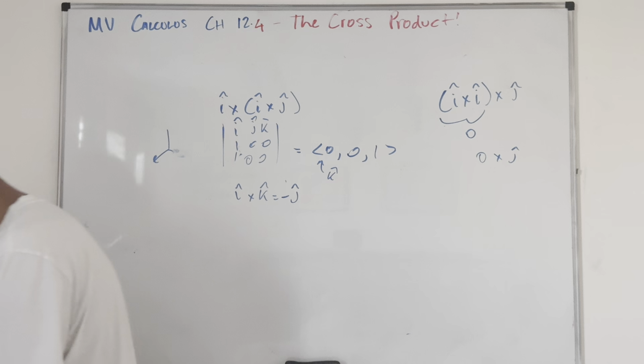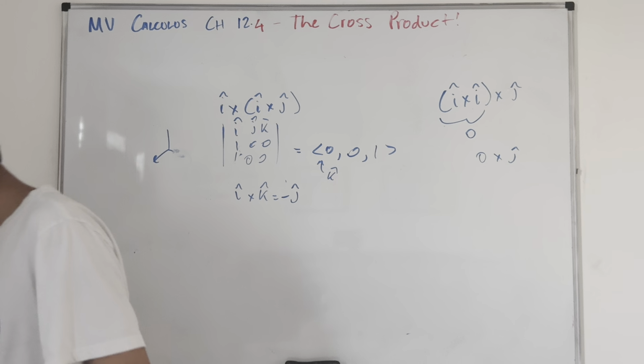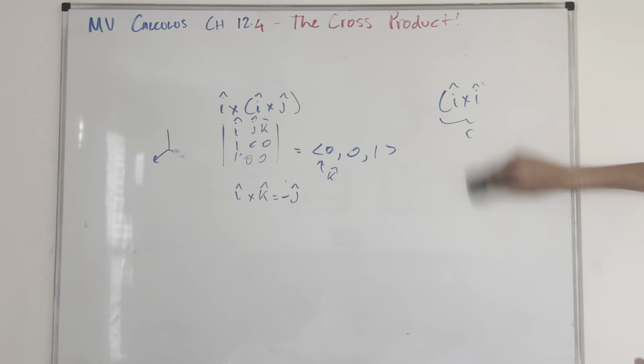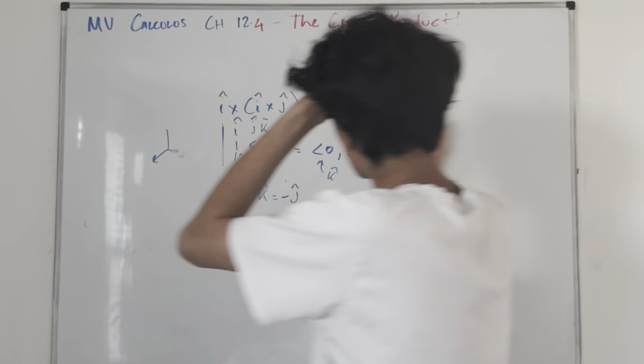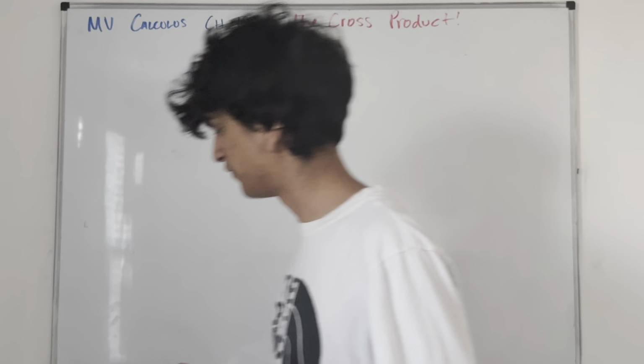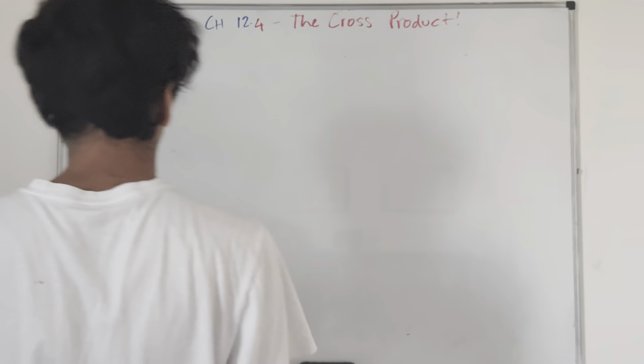One thing I want to talk about is a scalar triple product of vectors. Let's say you have three vectors like this.